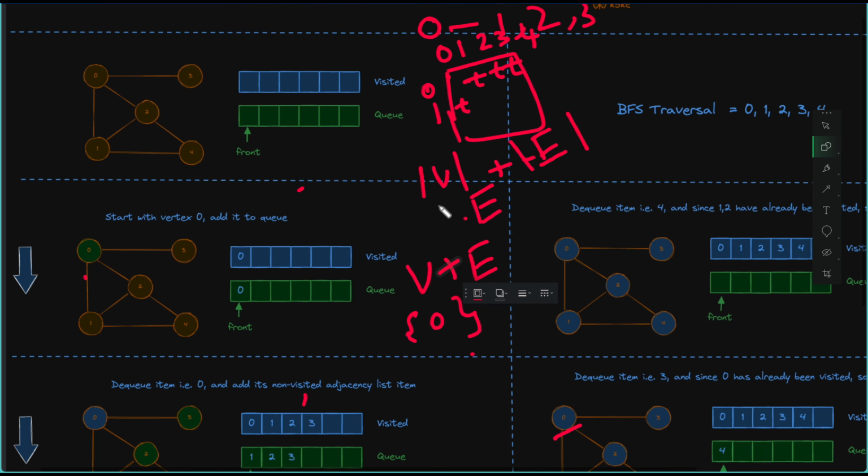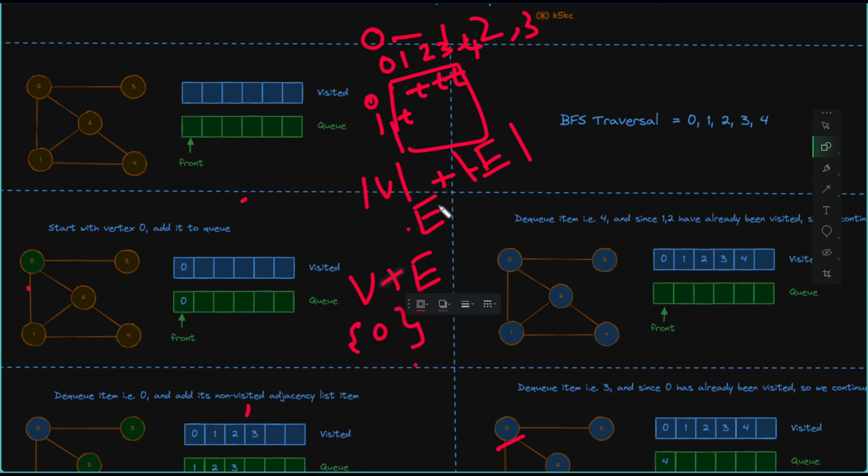I hope you learned this algorithm and liked it too. The beauty of BFS is that when we are solving some problem with an unweighted graph, where all the weights are the same, it's very easy to find the distance, because as soon as we go to our next neighbor, we assume that our distance is 1.